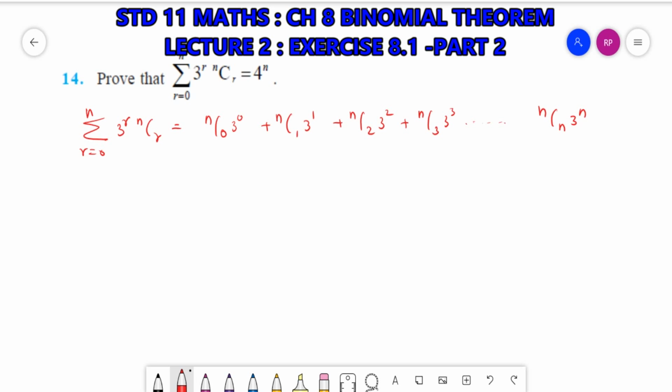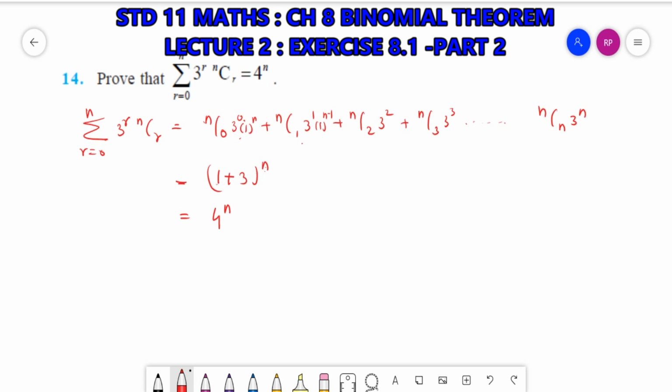Now see, I can write this 3^0 also as 1^n, 1^(n−1) and so on, right? So I can solve it in this way: (1 + 3)^n. See, nC0 1^n 3^0, nC1 1^(n−1) 3^1, whatever the power of 1, it will be 1. So this is equal to 4^n.